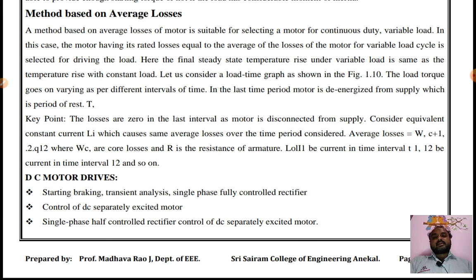In this case, a motor having rated losses equal to the average of losses of the motor for the variable load cycle is selected for driving the load. So we will use these things for the method based on average losses, right?